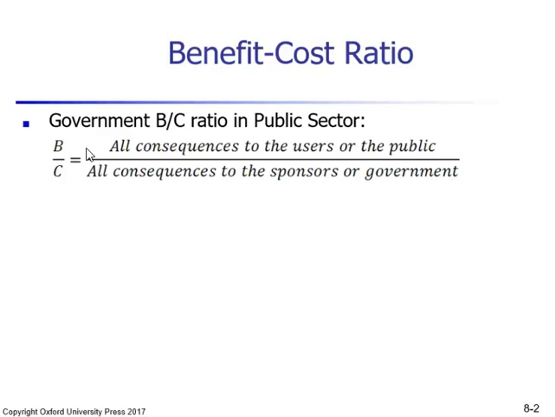Benefits like faster traffic, safer travel, healthier weather, and this disbenefit is like construction delay or inconvenience for the neighborhood or that type of thing. So in this model, it says put all of those things in the benefit, and for the cost, all the consequences to the sponsors or government.